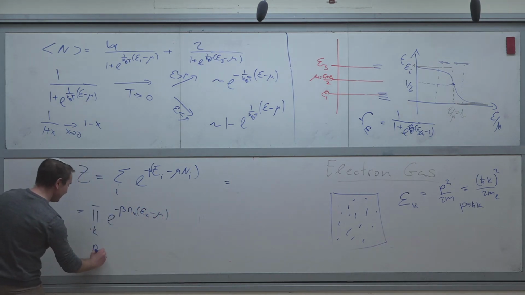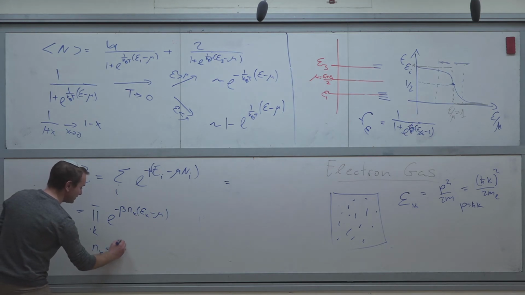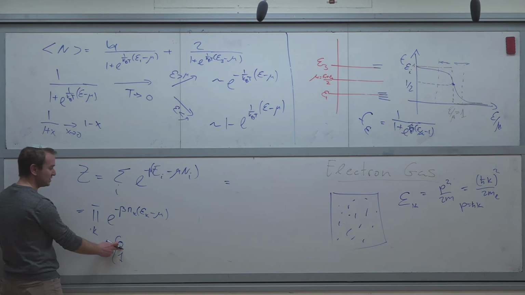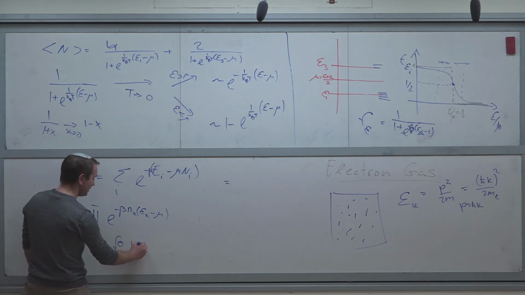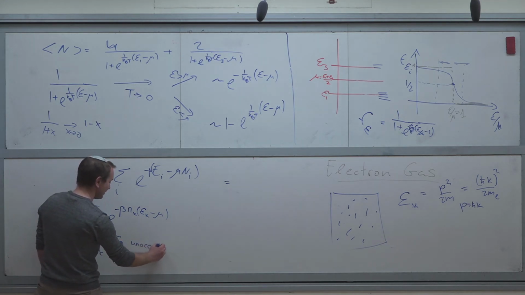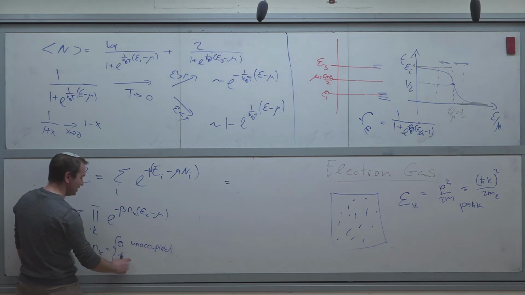What is n_k? n_k equals either 0 or 1. It equals 0 when unoccupied, and it's 1 when it's occupied.